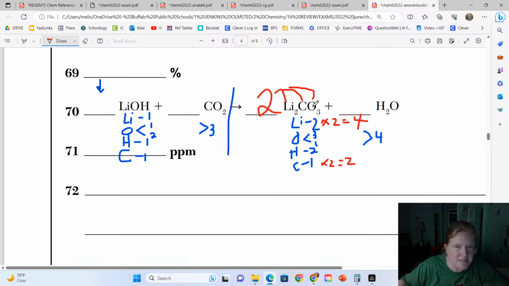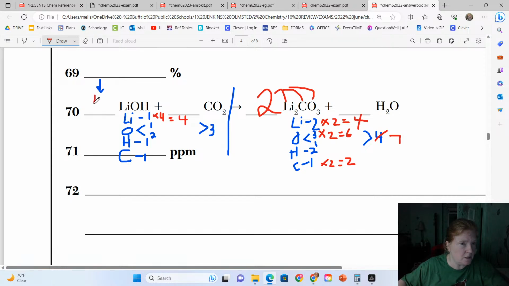And this oxygen times 2. So now that's 7. Okay, now let's see if I can make it balance. So on this side, let's fix the lithium times 4, right?